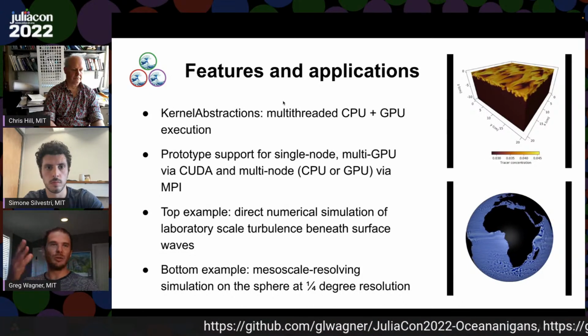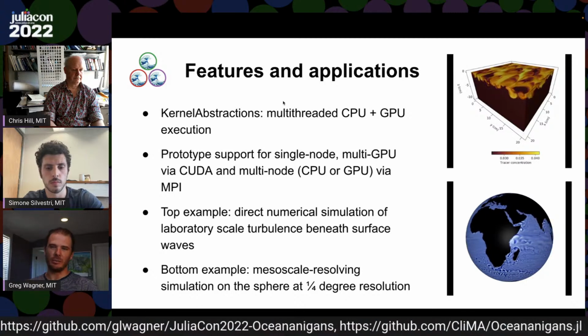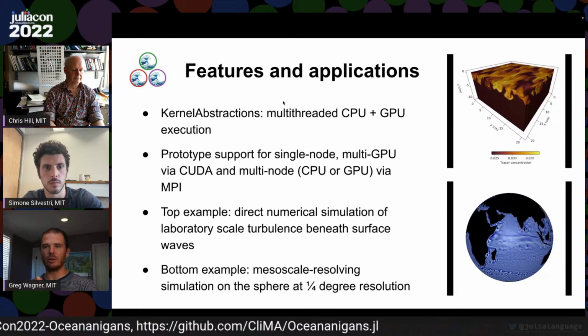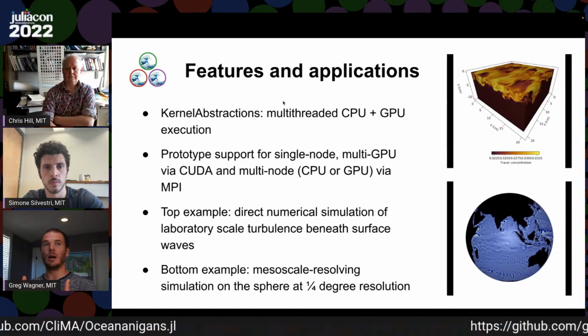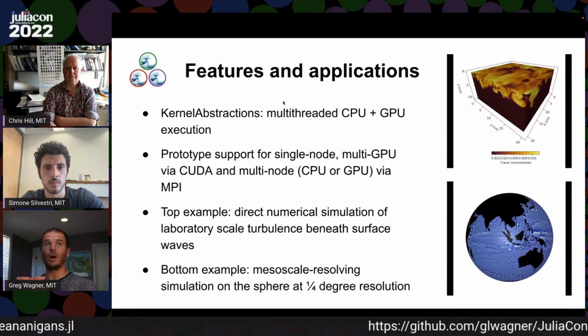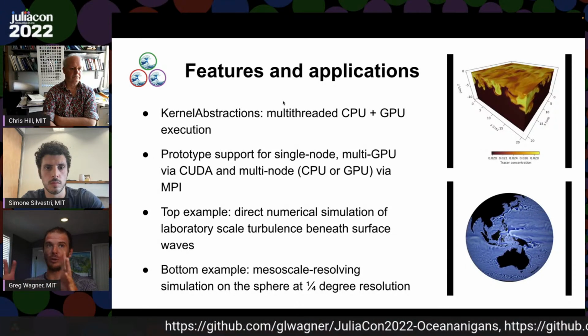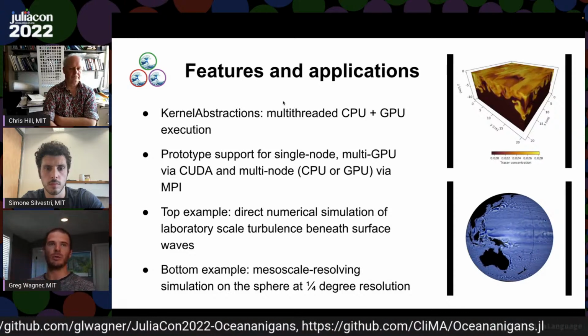To get more into the details, we use KernelAbstractions, as I mentioned, to support multi-threaded execution on the CPU and GPU execution using the same underlying code for both cases. So that's an important feature of Oceananigans. Models aren't written twice, one for CPU, one for GPU.